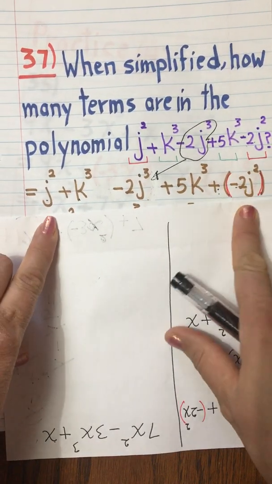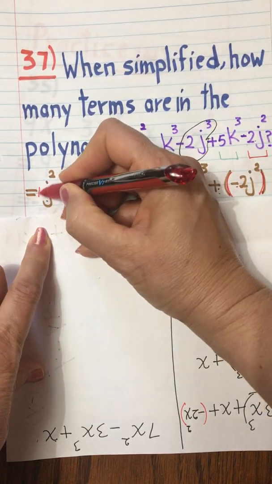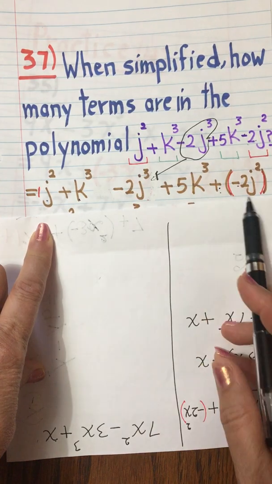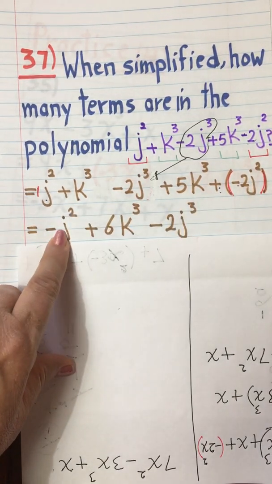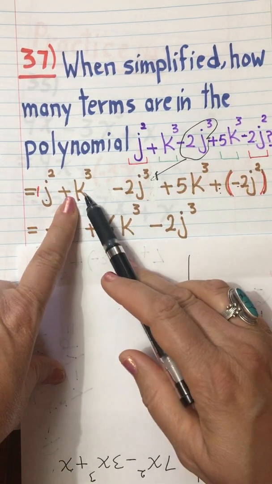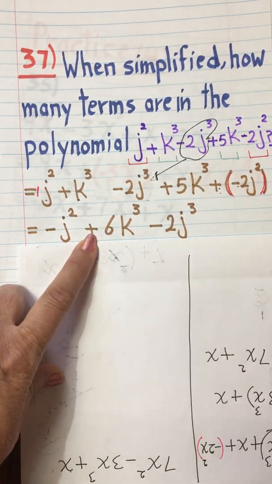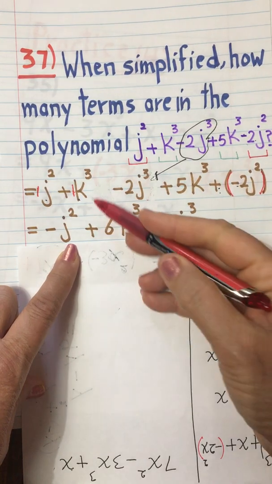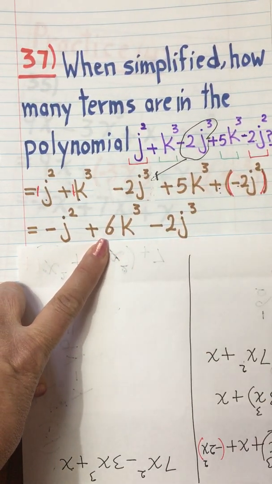Now these two terms are alike. I know there is 1 right here, guys. So 1j squared, negative 2j squared, going to be negative 1j squared, or negative j squared. I'm not going to write down the 1. K to the power 3 plus 5k: 1k to the power 3 plus 5k to the power 3 going to be 6k to the power 3.